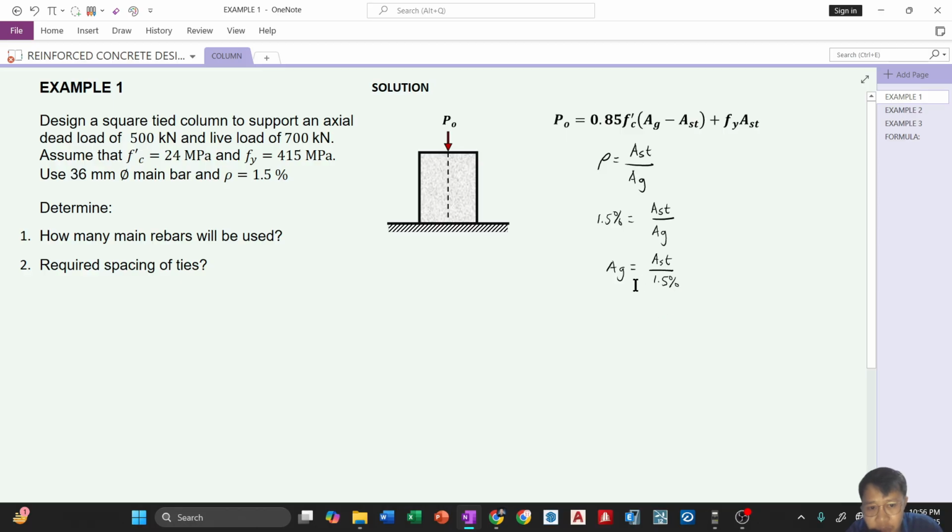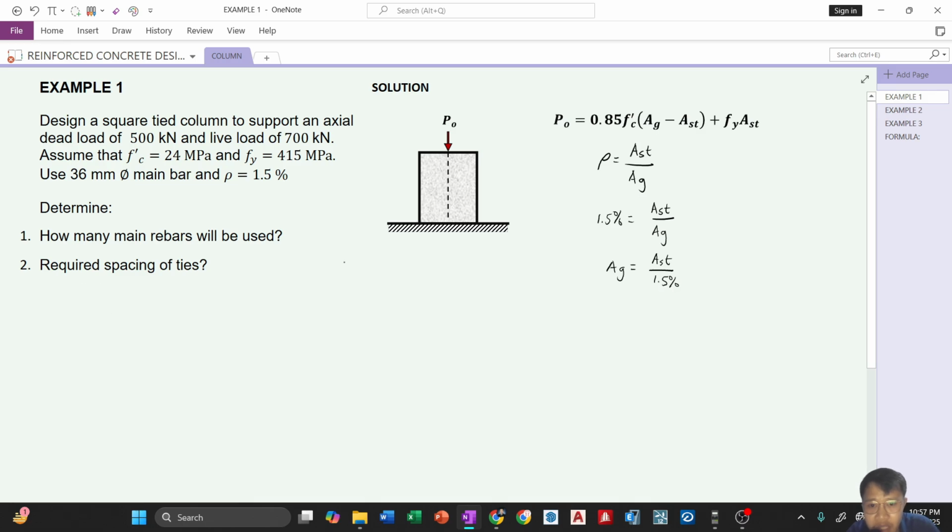Now, substituting AG into our first formula, we won't gain anything yet because we need P sub 0. Okay? Let's solve for P sub 0 by calculating first the ultimate load acting at our column. Given to us are the service loads, dead load and live load, 500 and 700 respectively.